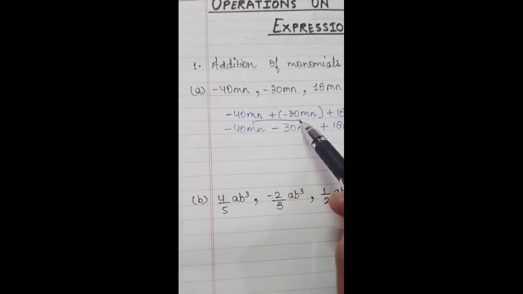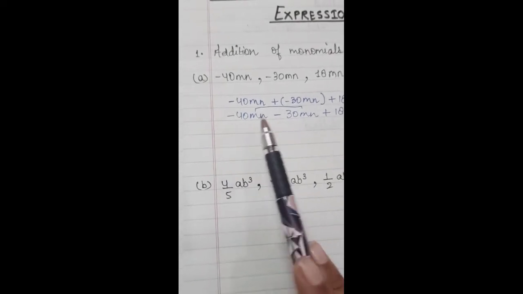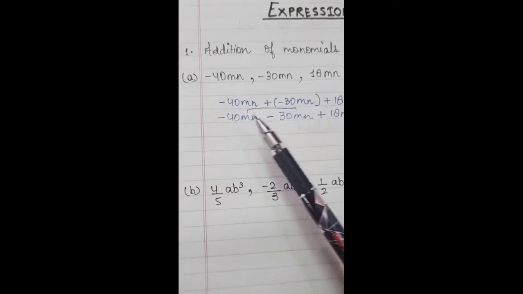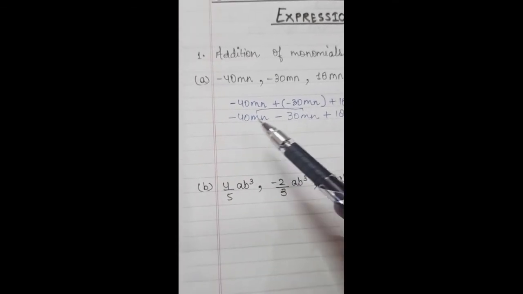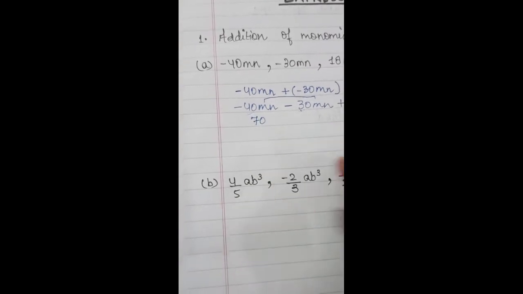Now first we solve these two terms. Here we have minus, here we have minus, minus minus plus. It means that we have to add 40 and 30. So first we add the numeric values. 40 and 30 we get 70, right?